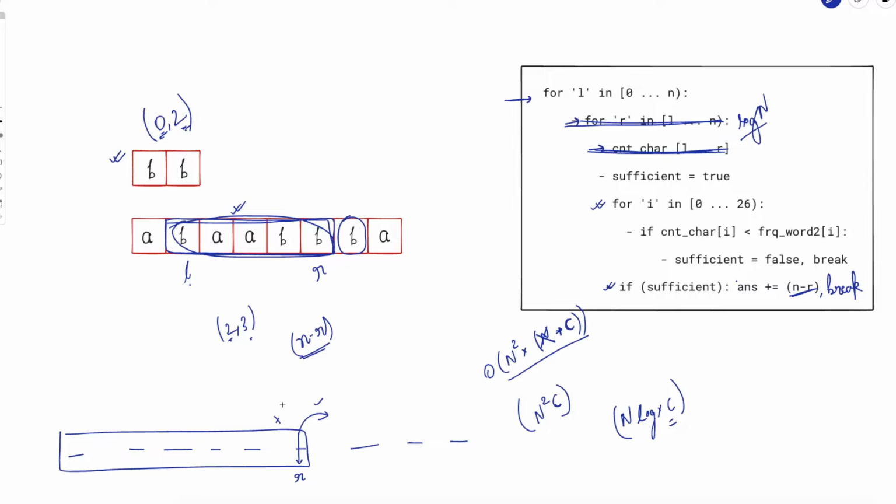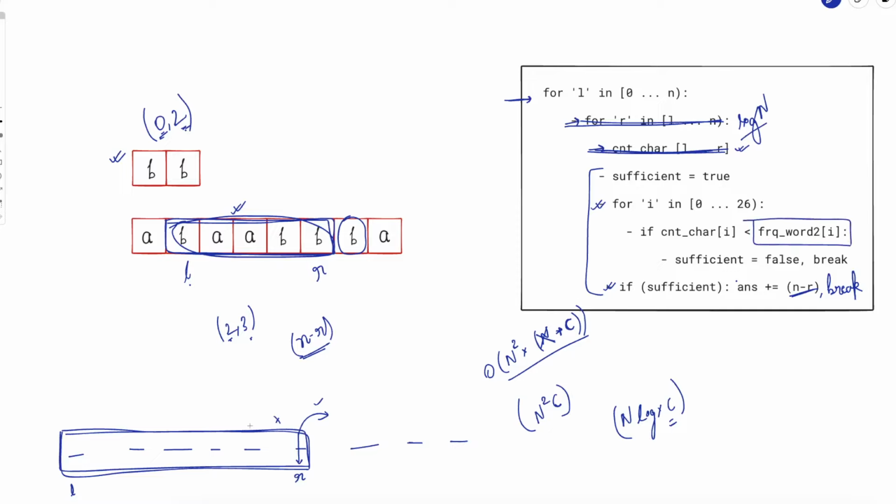Now, for every iteration, what you need is whether this L to R is valid or not, right? And how to compute whether this L to R is valid or not. The way we are computing that was, we find out the frequency of every character between L and R. And once we have the frequency of every character, we compare it with the frequency of words too, right?